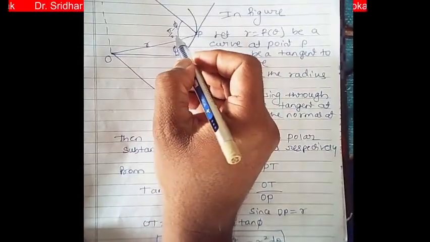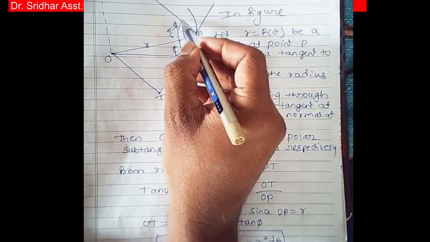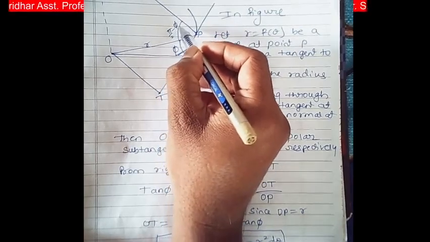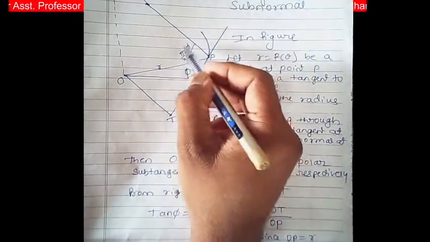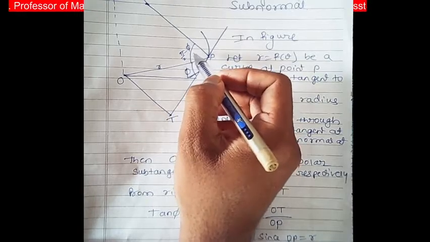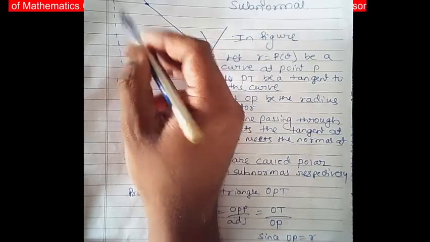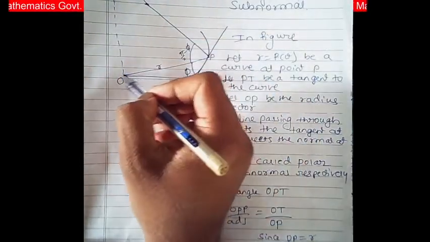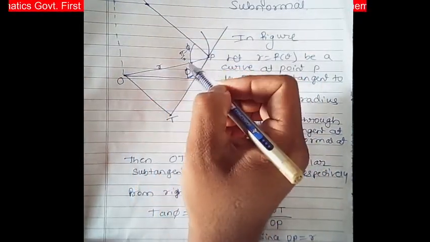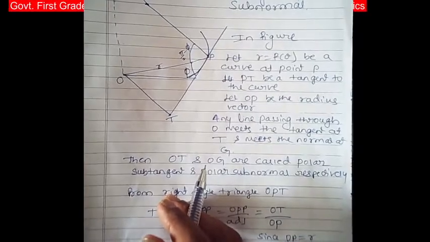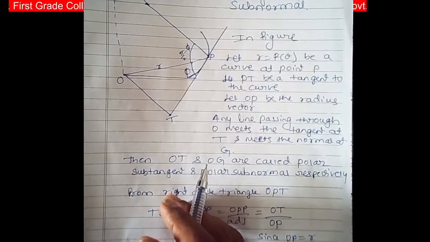Now this OPG means tan of pi by 2 minus phi. Tan of pi by 2 minus phi is equal to the opposite side OG divided by the adjacent side OP.